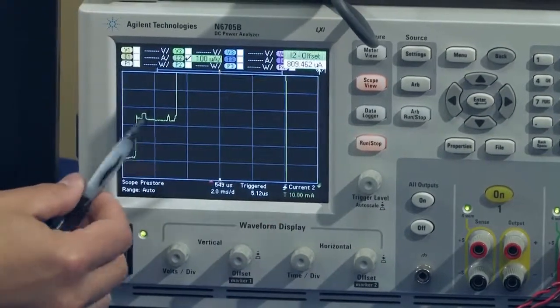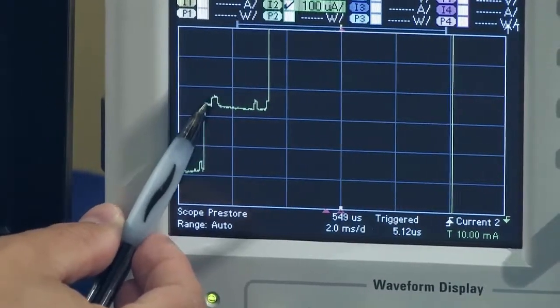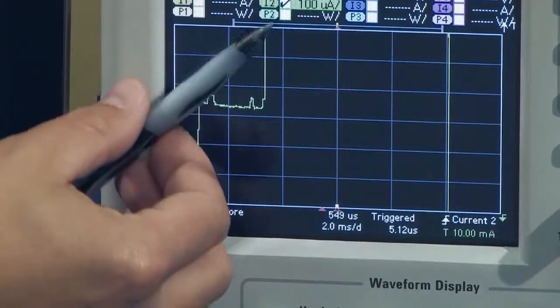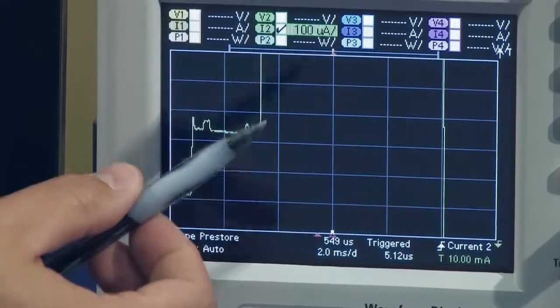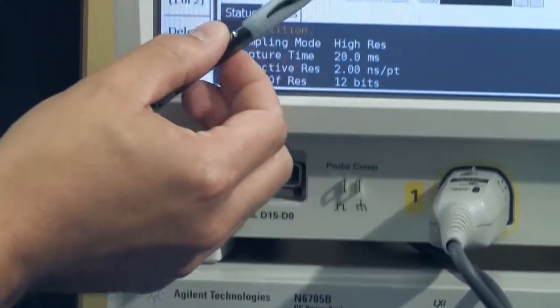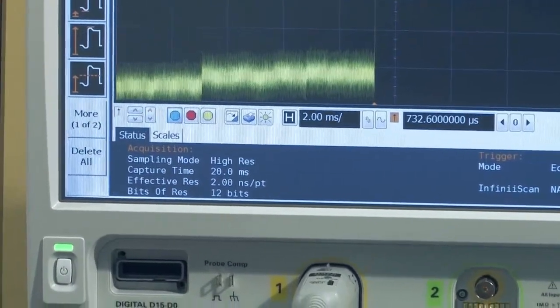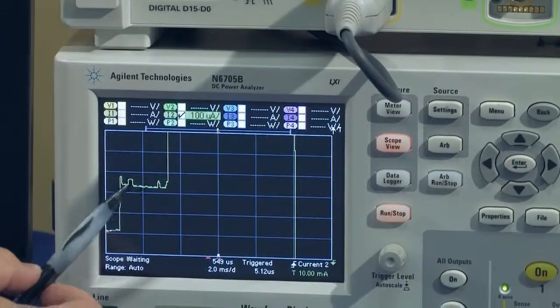So as you could see, things are happening on this device when I have my amplitude set to 100 microamps. Well, when you go to the oscilloscope, you cannot even see that here. It's just buried in noise. So the detail of information that you gain with the N6781 is pretty powerful.